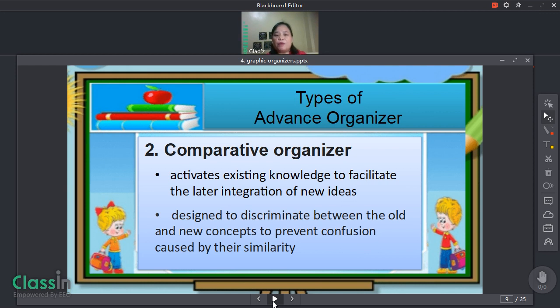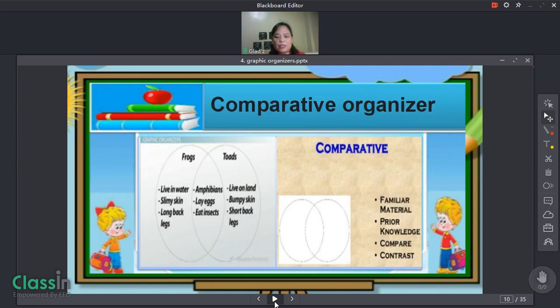From the word itself, comparative organizer, compare. In this organizer, we compare two things or two ideas or two pieces of information, like what is stated, comparing old ideas or old concepts with new concepts. An example of this is this one, comparing frogs and toads.